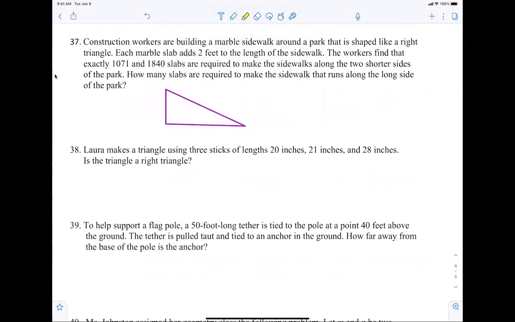And it says each marble slab adds 2 feet to the length of the sidewalk. The workers find that exactly 1071 and 1840 slabs are required to make the sidewalk along the 2 shorter legs. So this is 1071 and this is 1840.